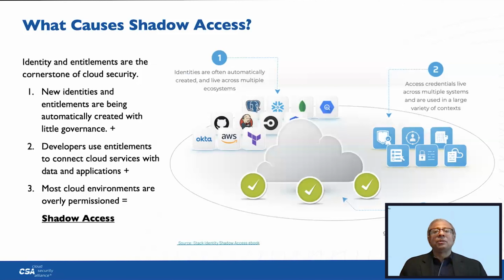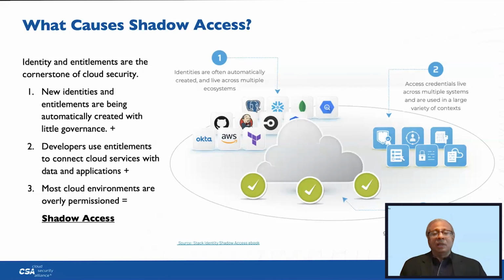What causes shadow access? Today, we're seeing identities are often created and they live in multiple ecosystems. Your identities live in Okta, in Azure AD, in Active Directory, in AWS, in GCP, in Snowflake, in applications like Jenkins. There are lots of areas in which identities live in the cloud environments. Second, access credentials also live across multiple systems, and are used in a large variety of contexts. Now, developers use these entitlements to connect cloud services to data and applications.